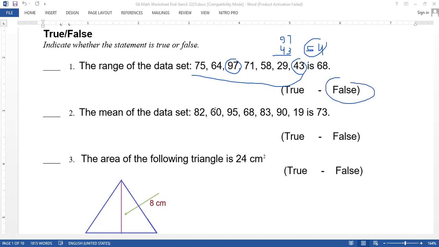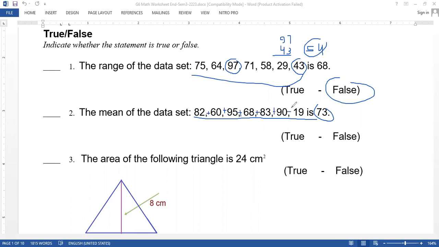The mean of the data set 82, 60, and these numbers is 73. So how do I find the mean? If you want to find the mean, you find the sum of the data and divide by how many. So you need to add all of these data, plus 68, plus 83, plus 90, plus 19.